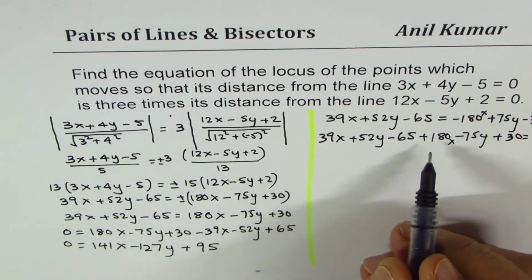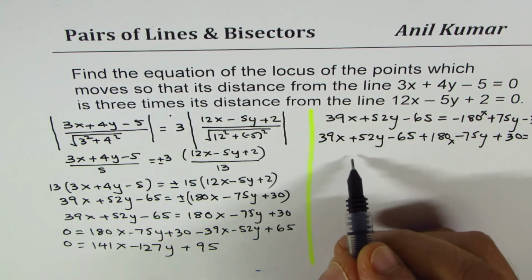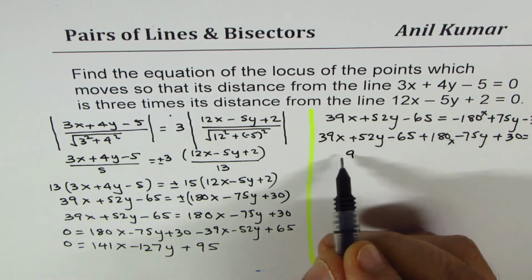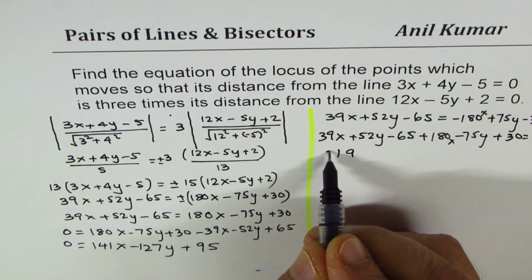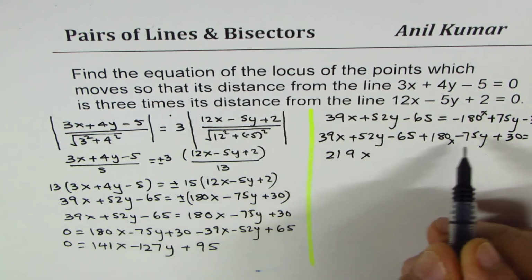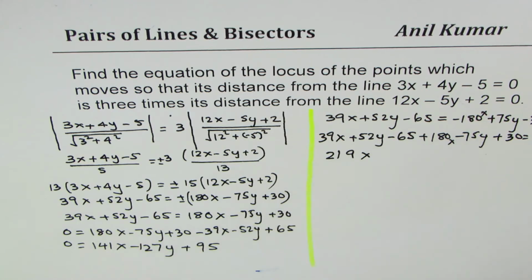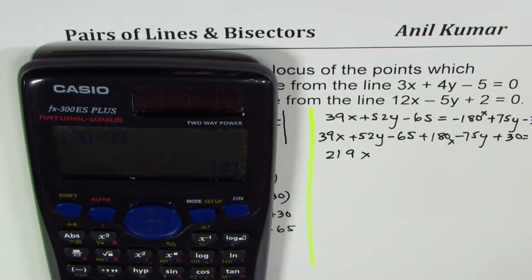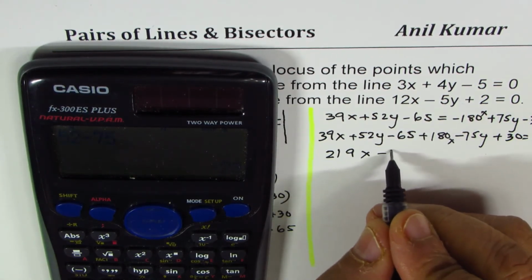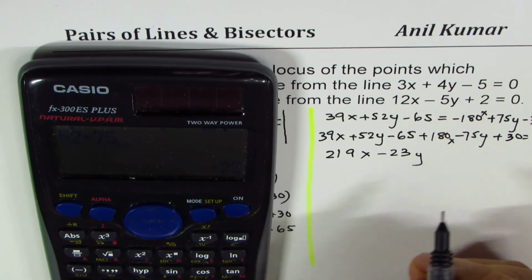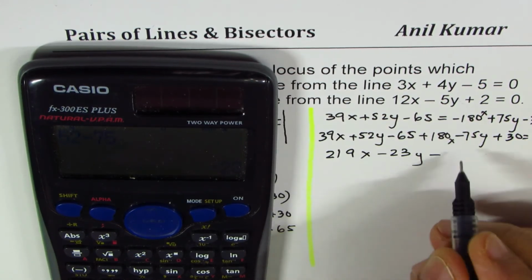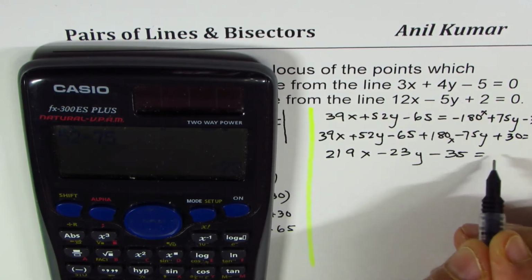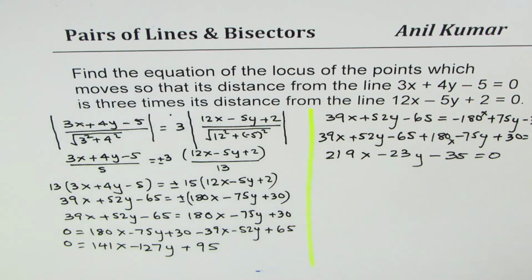So if you add the x terms, 39 and 180, that is 219x, and 52 minus 75 equals minus 23y, and we get minus 35 equals 0, right?